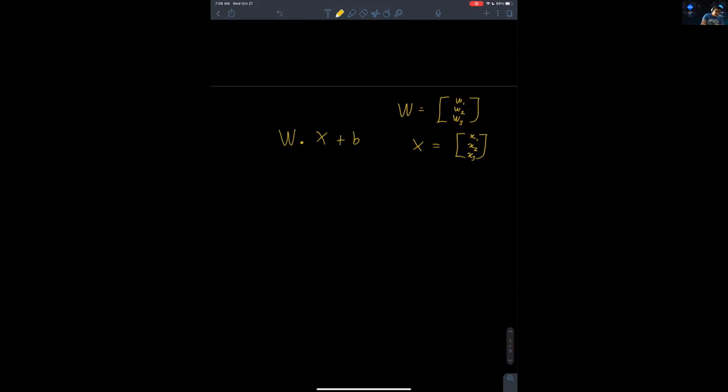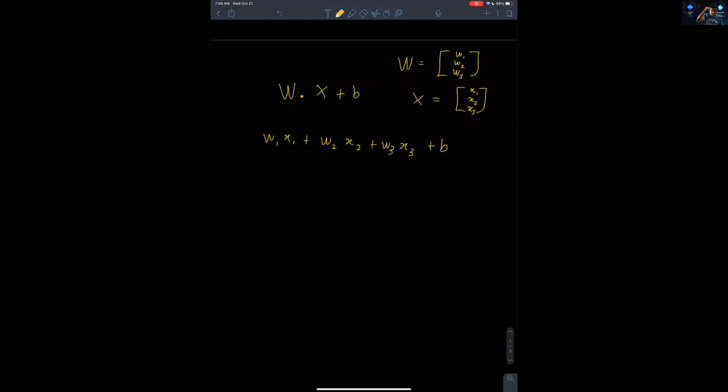So when we apply this dot product, we multiply each of the corresponding components. So that's going to be W1 X1 plus W2 X2 plus W3 X3 plus B. And that's essentially the format of our hypothesis function. That's the end goal that we're trying to get to here.